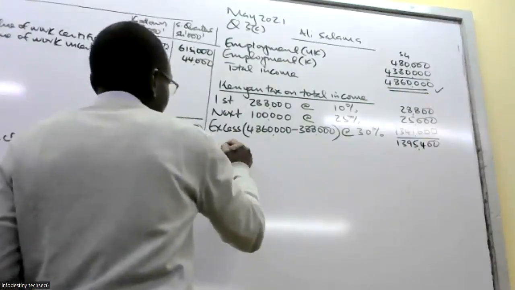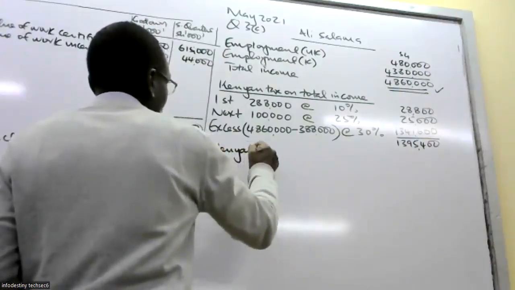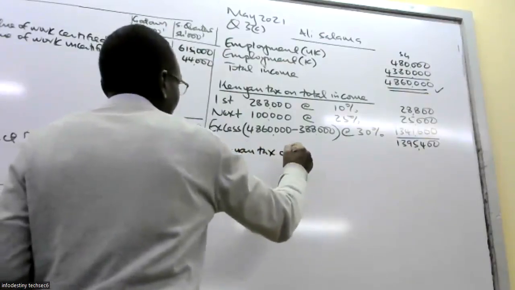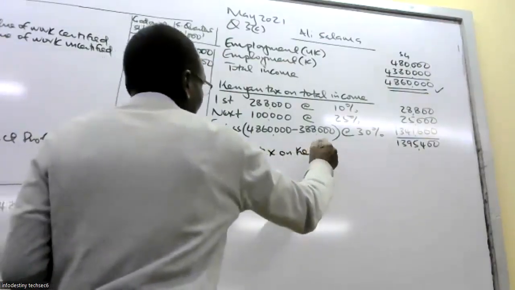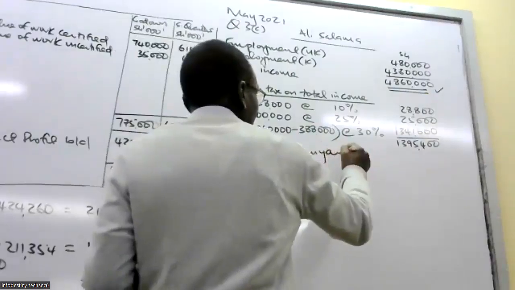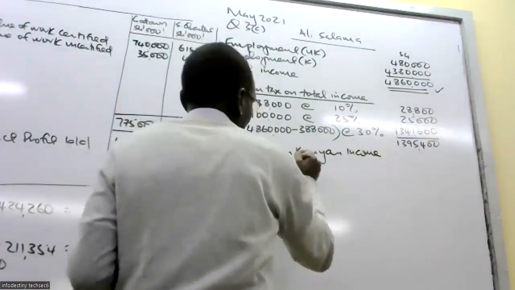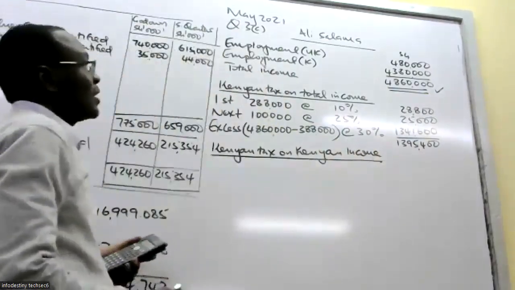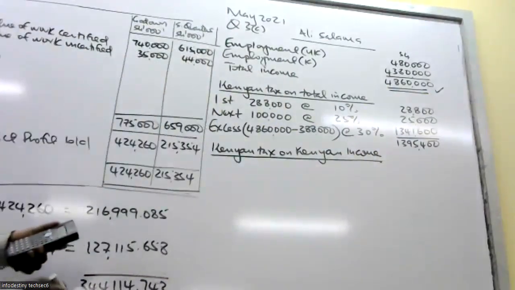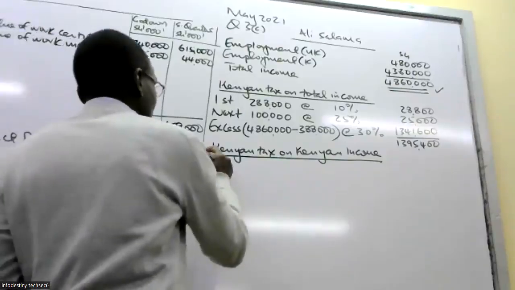Yes, Kenyan tax on Kenyan income. Kenyan income is 4,380,000. So do the same thing.